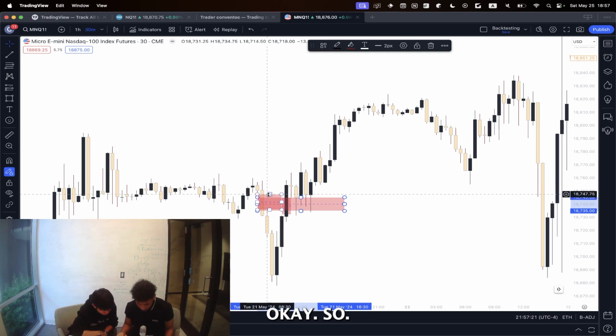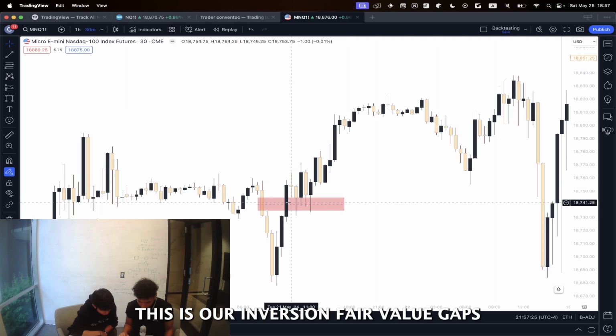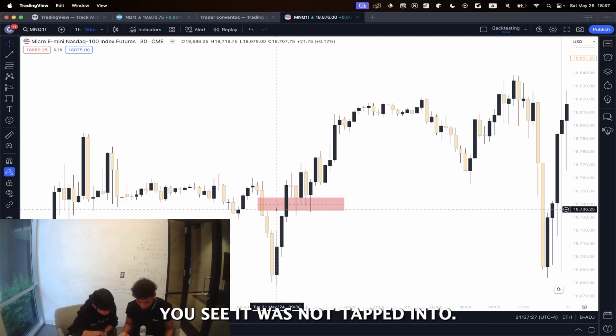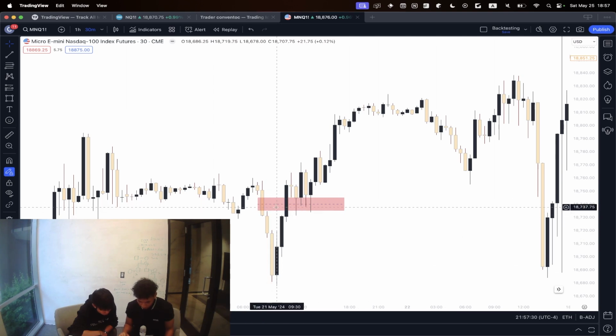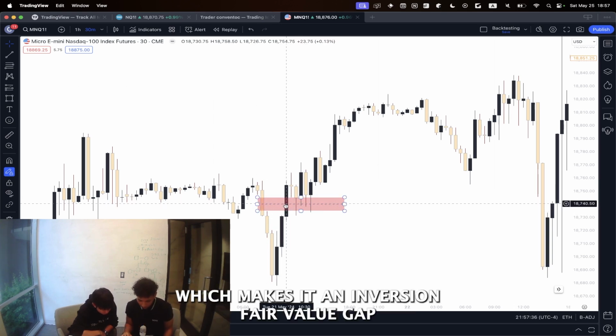So this is our inversion fair value gap. You see, it was not tapped into before the second fair value gap was printed. It was not tapped into, which makes it an inversion fair value gap.